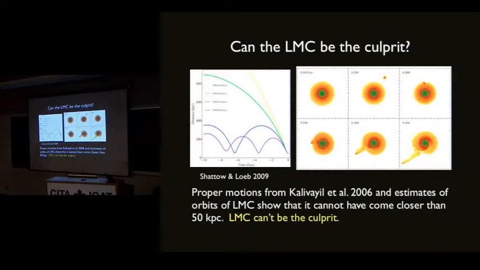So if it's puffy, yeah, you should be tidally stripped, right? You're going to tidally strip it beyond your tidal radius, and so you have to compute the tidal radius. My recollection is that you're not stripping a lot of mass off of it, but I should say that how much mass you're stripping off is going to affect, say, if you were to go and look for it now, right?